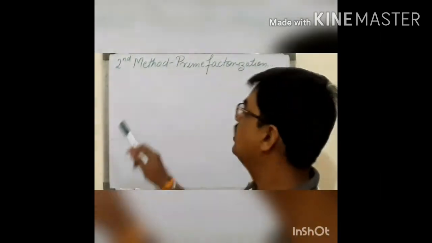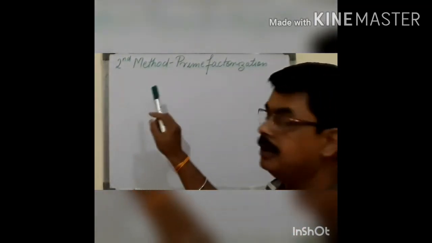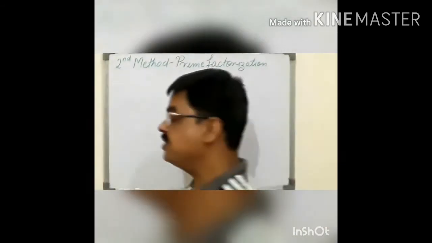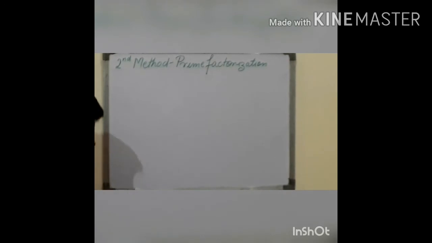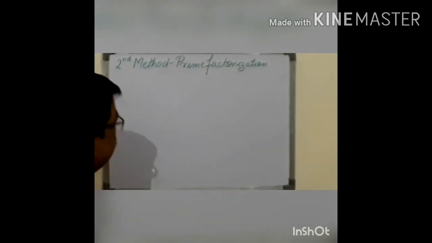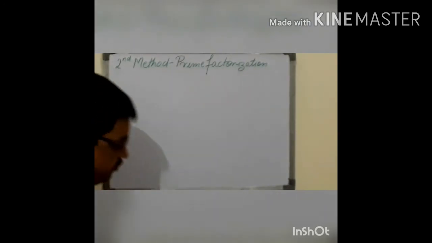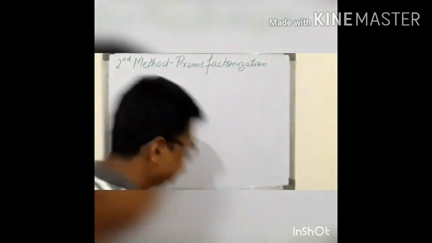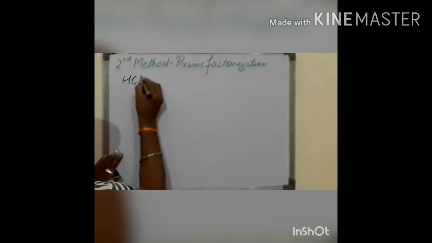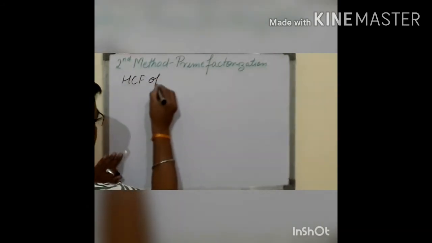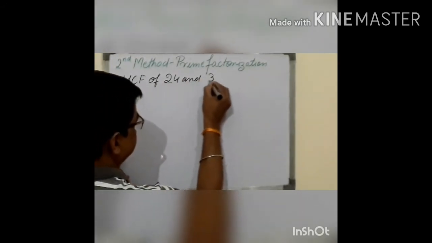Now we will see another method, that is the prime factorization method, the second method by which we will find the HCF of given numbers. So again we will take the same numbers for finding the HCF, that is the HCF of 24 and 32.